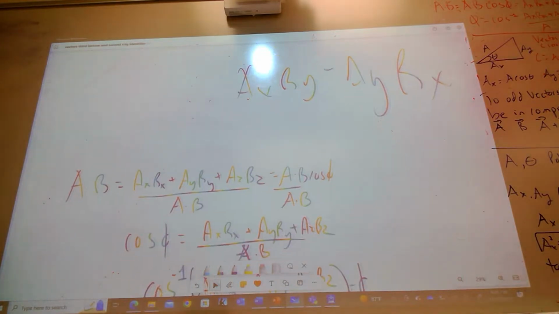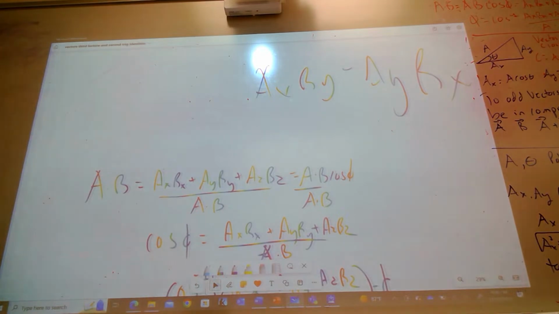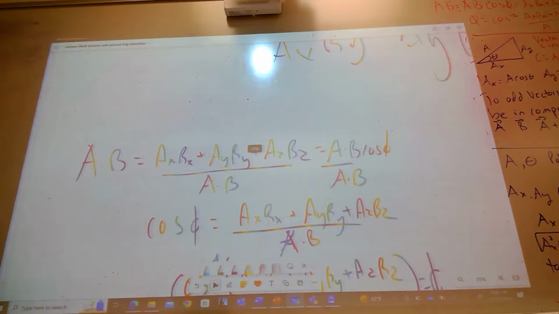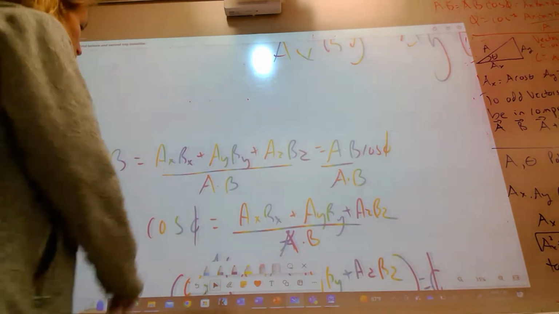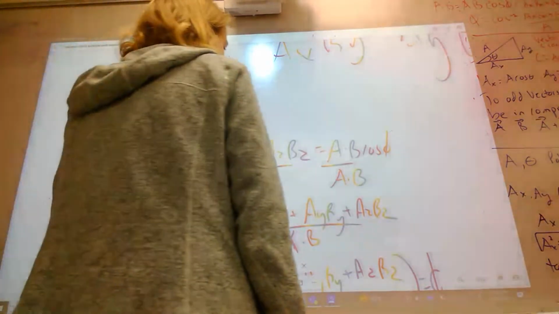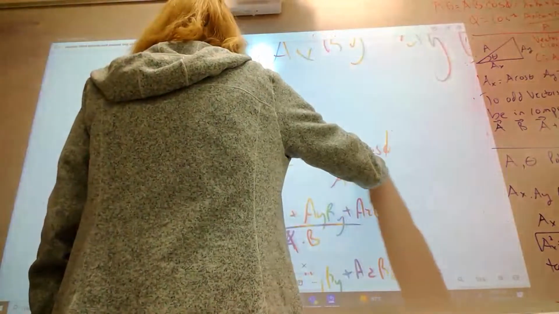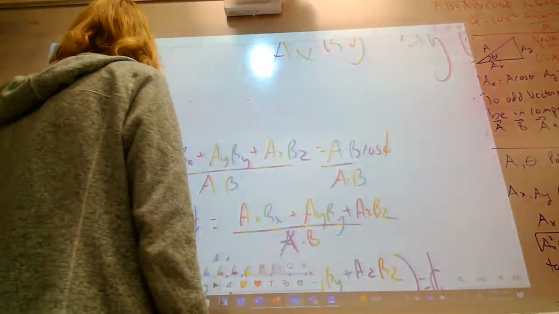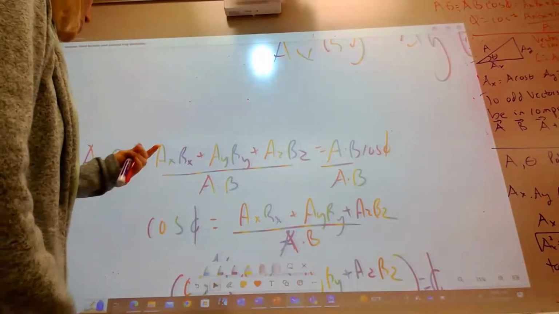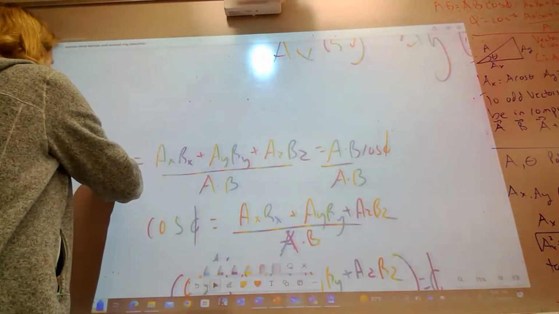Okay, now let's do another one where you're getting the angle. So yesterday we went through all of this. We had our first definition of dot product was all of this. Our second definition of dot product was this. So this is just the dot product, so this is meant to have a big dot, whereas this is different.